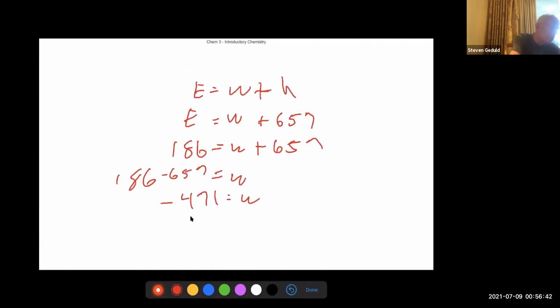And you know the equation, Q equals specific heat times mass times delta T. That gives you the heat gained or heat lost by the system.